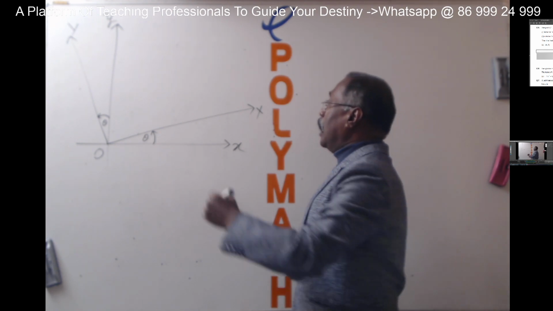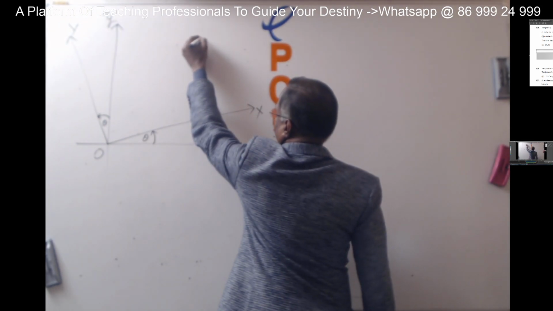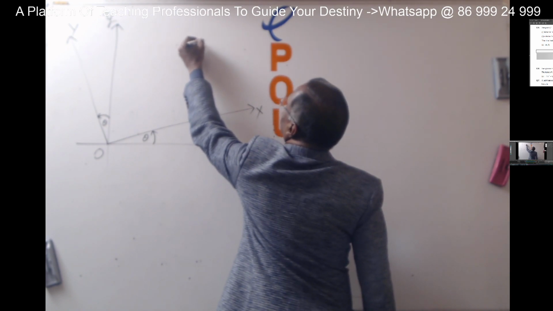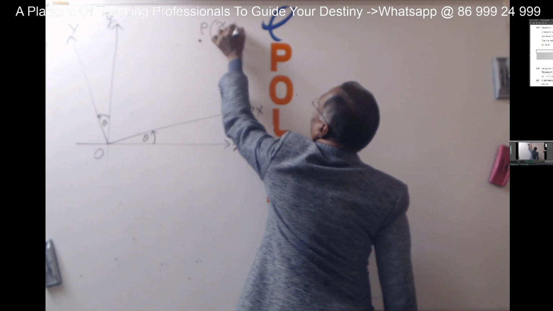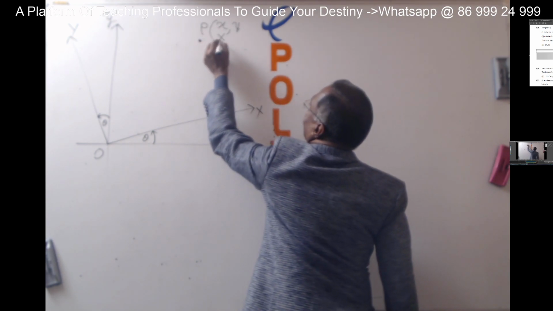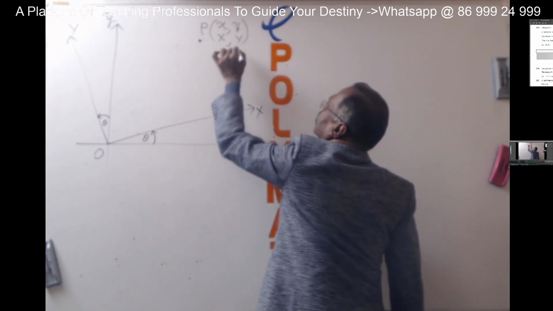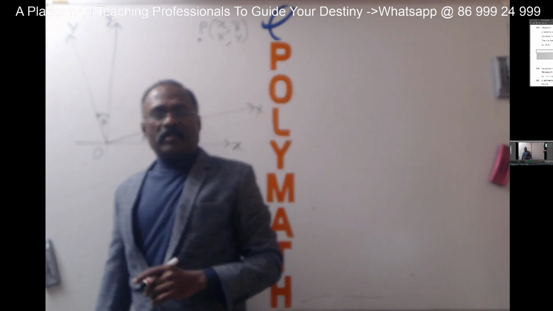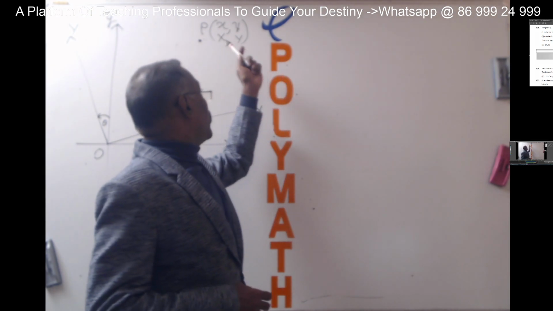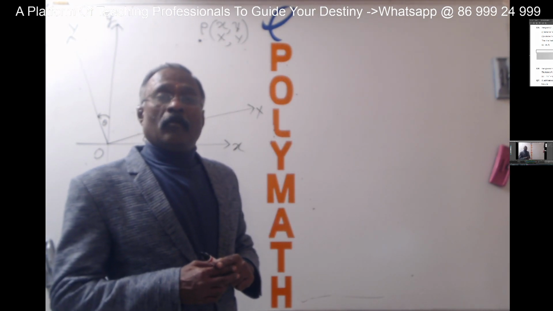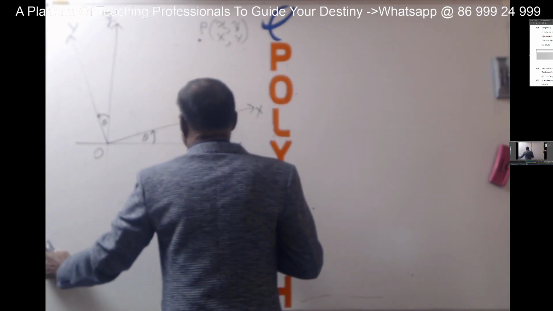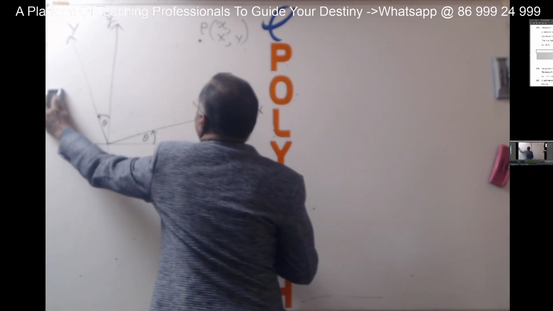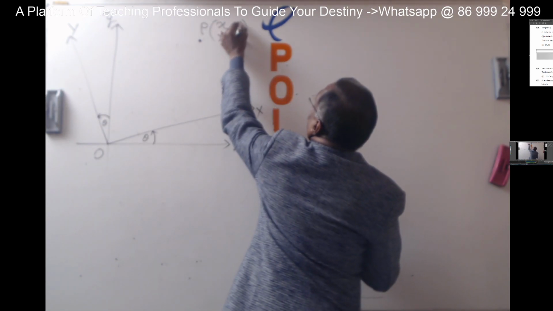So now let me take a point P. Small x, small y with respect to the original axes, and the same point with respect to the new axes is capital X, capital Y. We have located a particular point P, which is small x, small y with respect to the original axes, and capital X, capital Y with respect to the new axes.